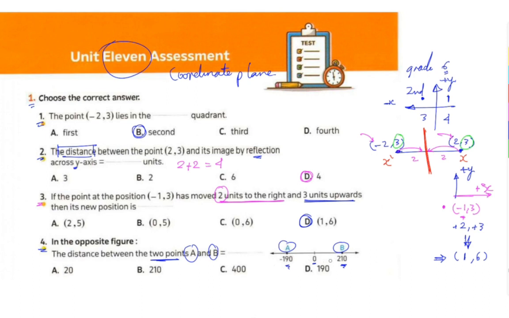Add or subtract? I will add them because they are different in sign. So, I will find absolute value of negative 190 is 190 plus absolute value of 210, which is 210. When you add them together, you will find it as 400, and that's point C.